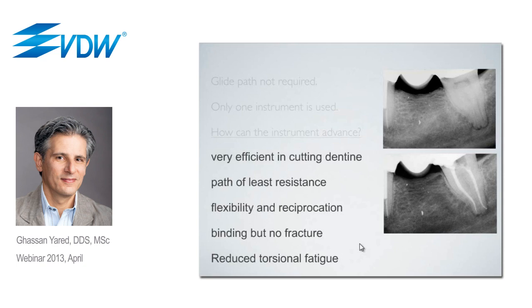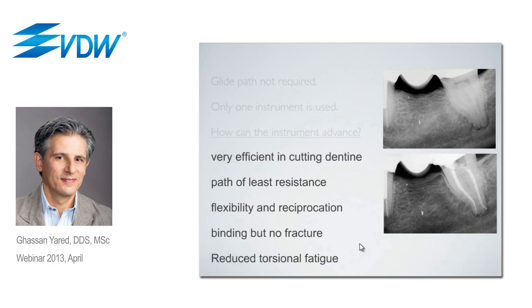So we have an instrument that cuts very well. It will go into the canal. It will not transport or ledge the canal because it is used in reciprocation and because it is a flexible instrument made from nickel titanium.